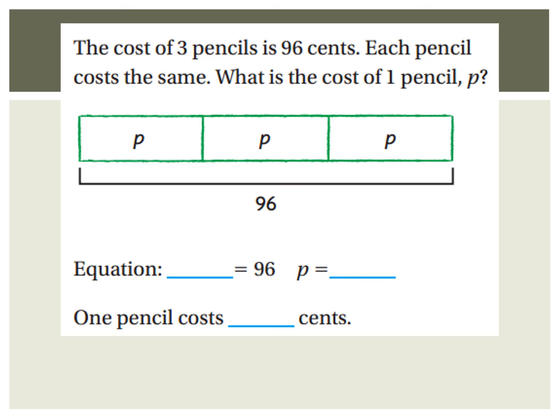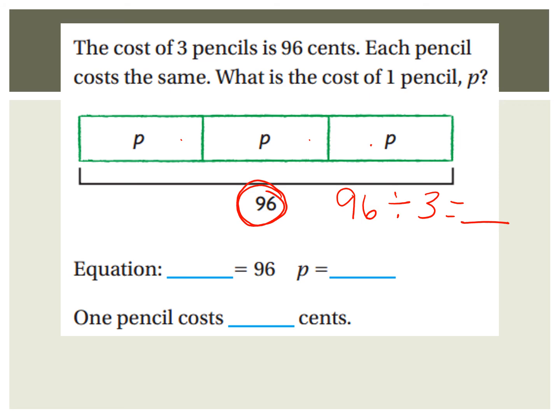Here we go. So the cost of 3 pencils is 96 cents. Each pencil costs the same. What is the cost of 1 pencil? What do I know? I know the total. So this is 96 divided by 3 pieces gives me some number, right?